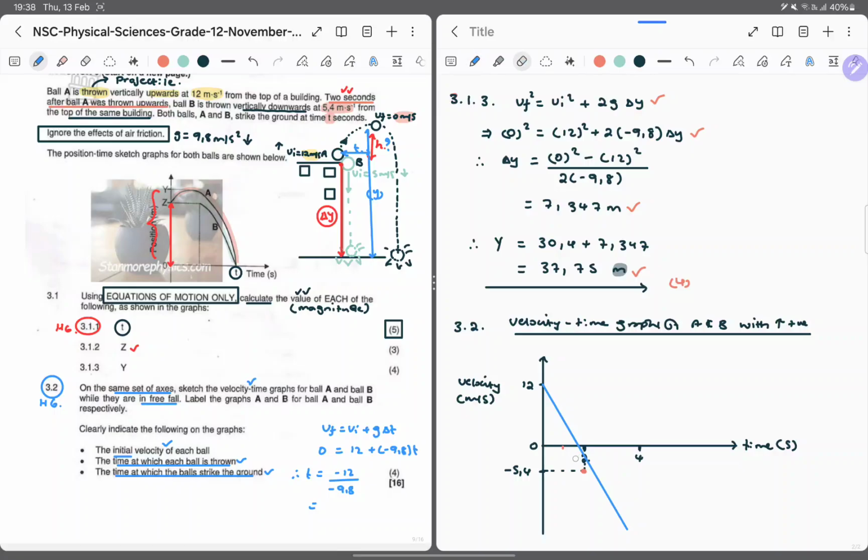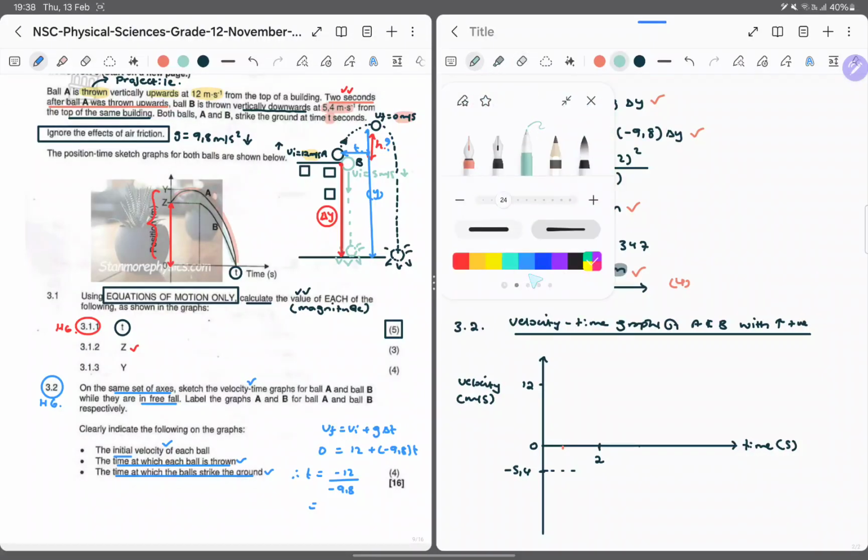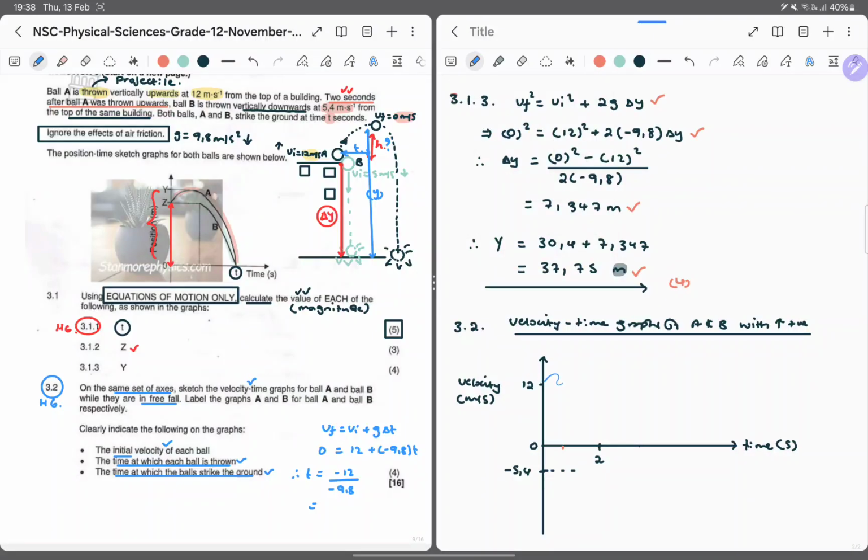So let me shift my things. Doesn't really have to be to scale, isn't it? Yeah, we can put the 2 here and say this is the 2 right here, because I don't want the clash that is already happening. Let's leave this 4 seconds for now. Let's focus on the first part. So this graph is doing stuff like this.